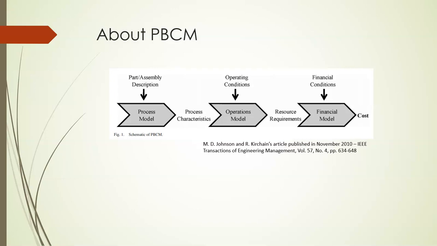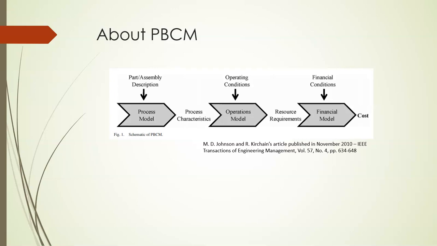We also have examples like 5+1M, talking about material, method, machines, measure, manpower, and the last one is environment. And because every resource has a price tag, from there we'll be able to get a more accurate cost estimation and build up a financial model.